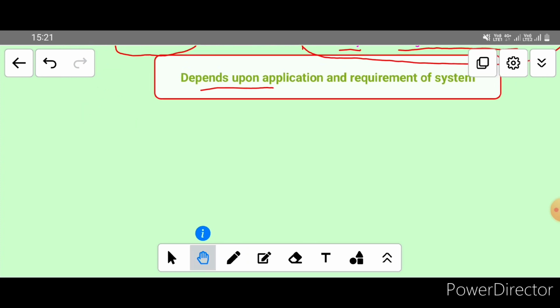Also, it's not that we cannot convert the continuous time signal into discrete or discrete to continuous.